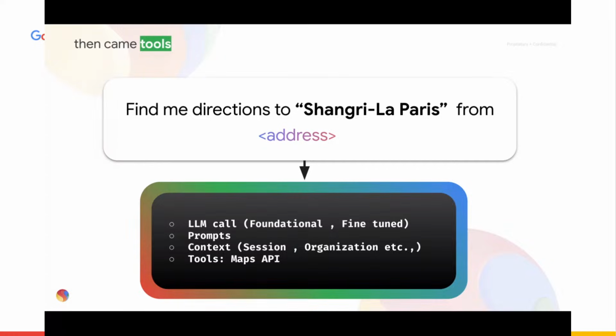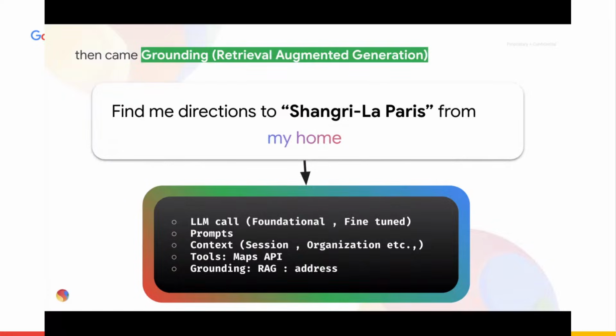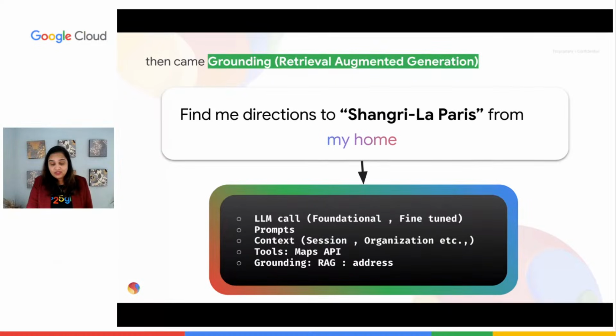Then came the concept of, hey, I need to bring my data to make it work. Here, another simple example: find me directions to Shangri-La, Paris from my home. My home is my information, and that's the address you have for retrieval augmented generation.